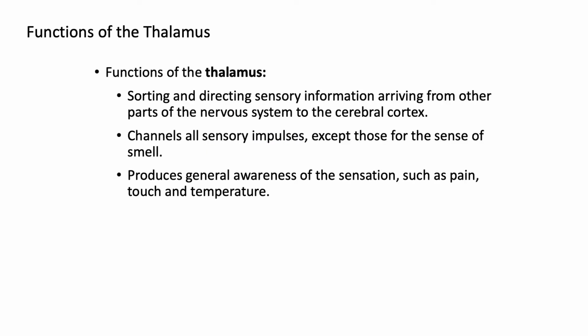The function of the thalamus is to sort all the sensory information coming from different parts of the body through the spinal cord and direct that sensory information to a specific part of the cerebral cortex. I think the only exception here is that the thalamus does not sort or direct sensory information of smell. By sorting the sensory information, the thalamus also helps with producing a general awareness of sensations such as pain, touch, and temperature.